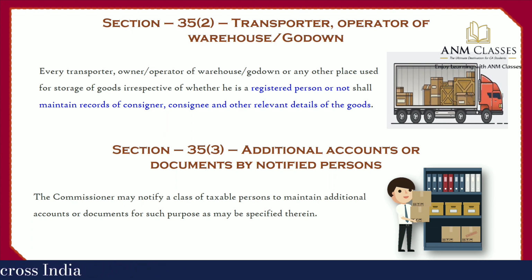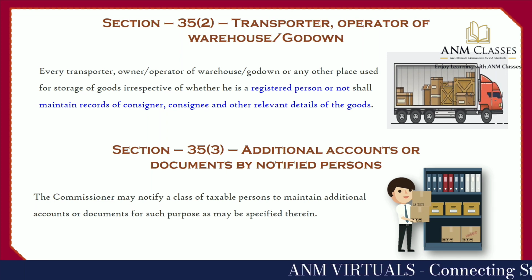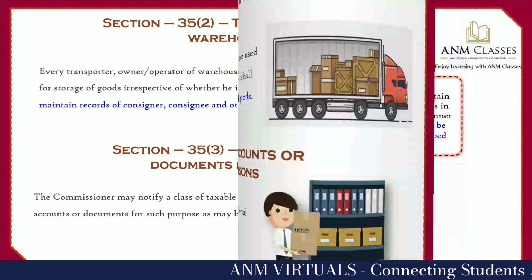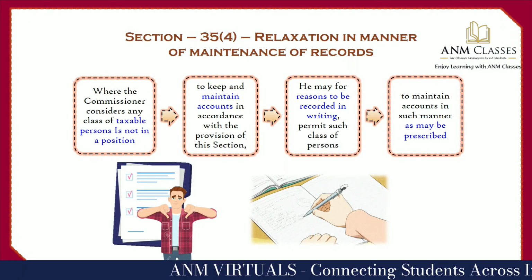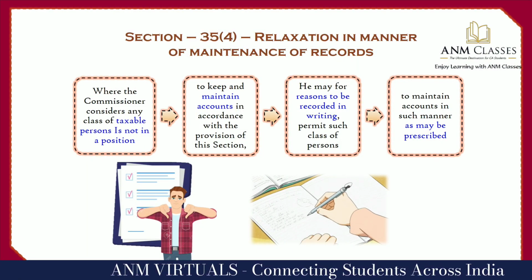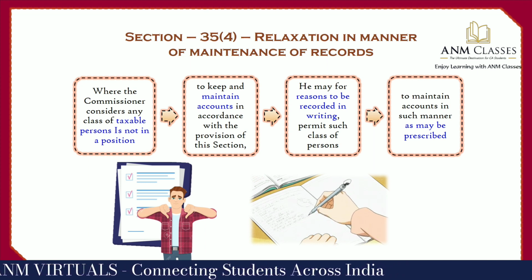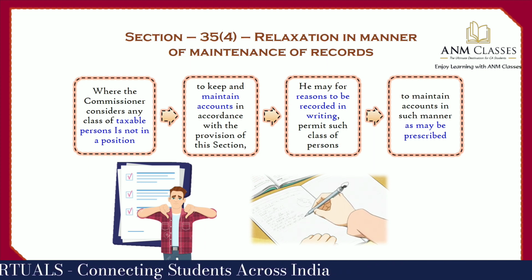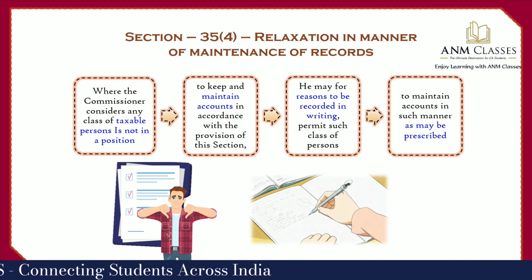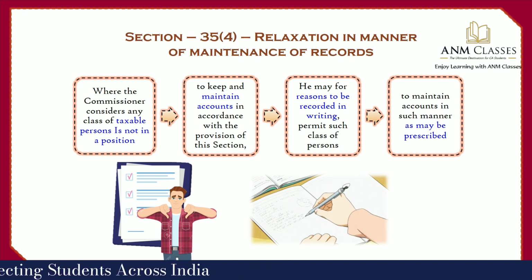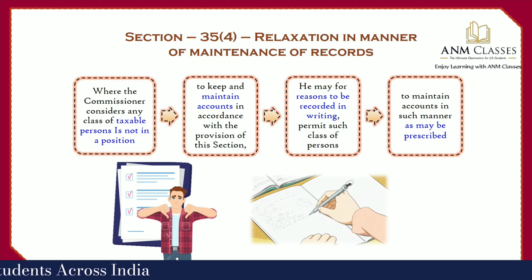Sir, in addition to the documents listed under 35 subsection 1, for a specified category of persons the commissioner may specify under 35 subsection 3 to maintain additional documents. Or if the commissioner feels that for a particular category of persons he wants to relax the manner in which books of accounts are maintained, he can pass an order giving relaxation for such people.